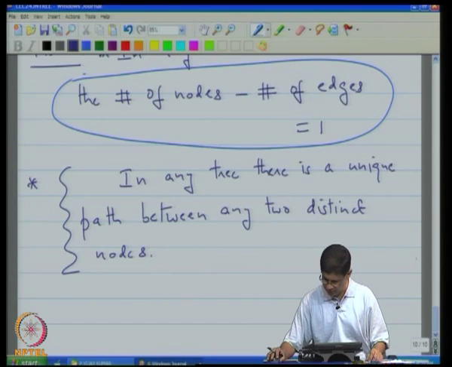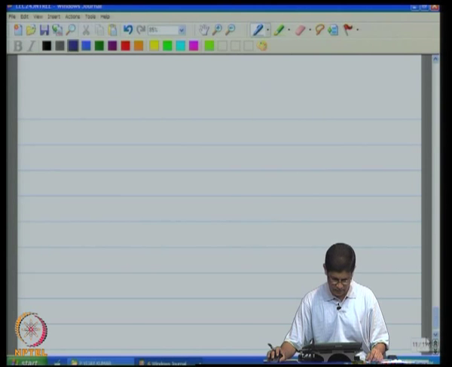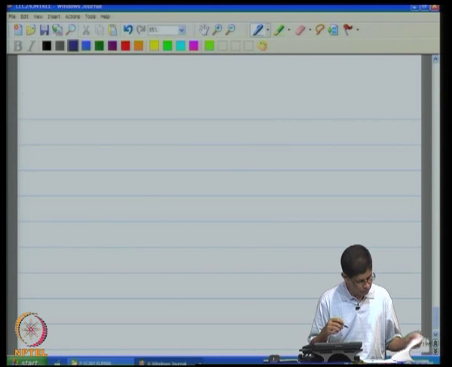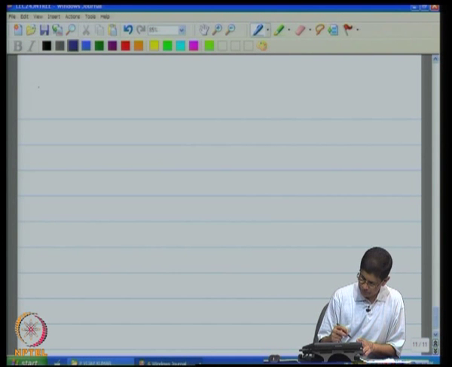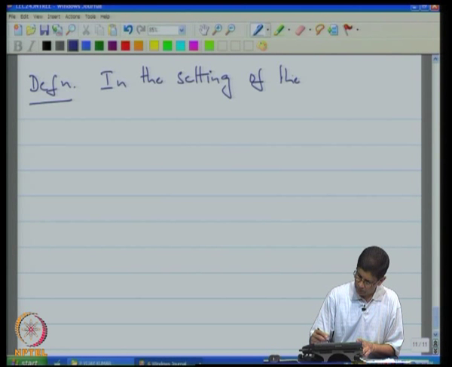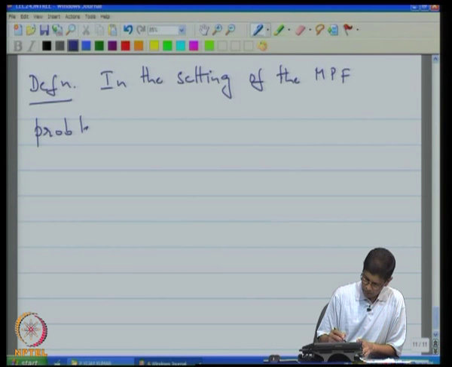Okay. So, having defined a tree, what is a junction tree? We are going to define a junction tree in a certain setting. Definition: in the setting of the MPF problem. Okay.